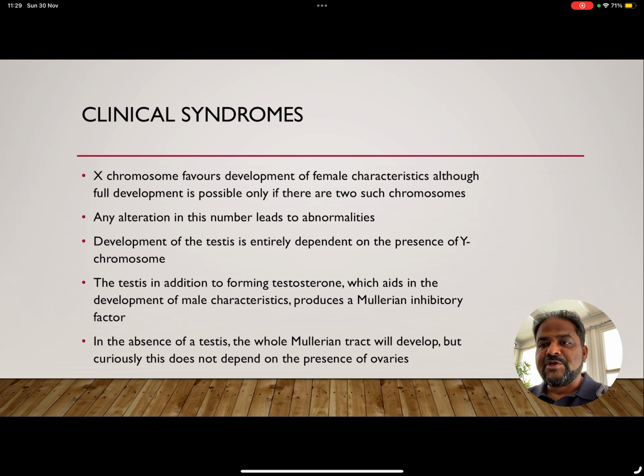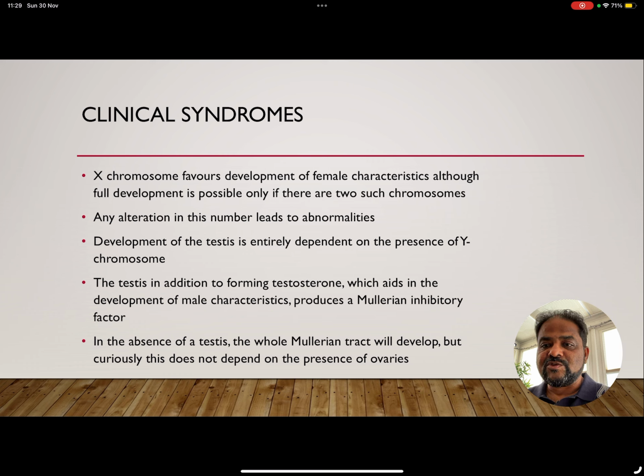So, clinical syndromes. The X chromosome favors development of female characteristics, although full development is possible only if there are two such chromosomes. Any alteration in this number leads to abnormalities. Development of the testis is entirely dependent on the presence of the Y chromosome.